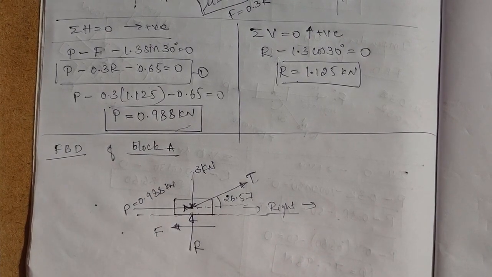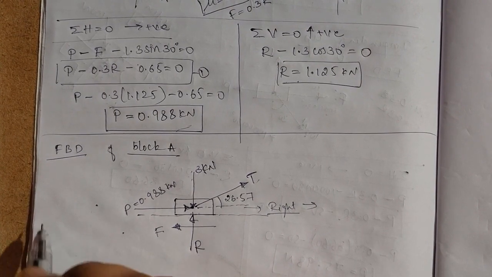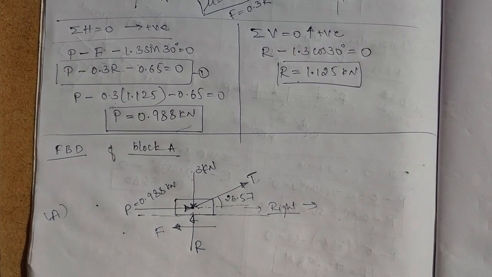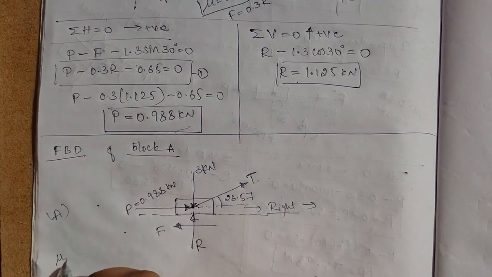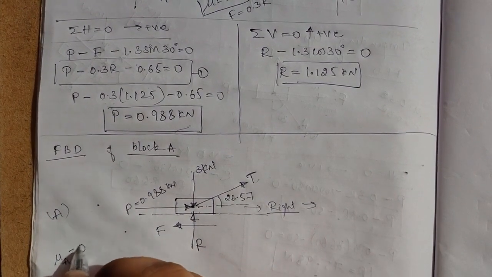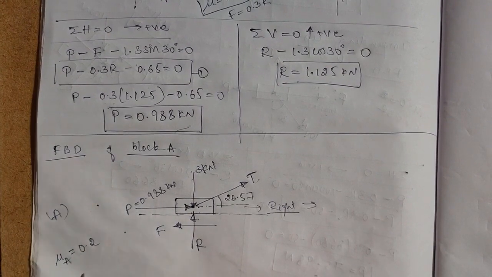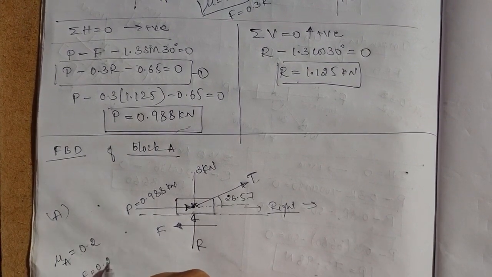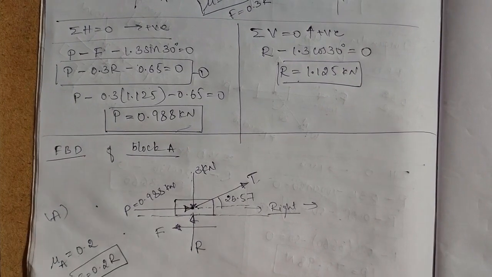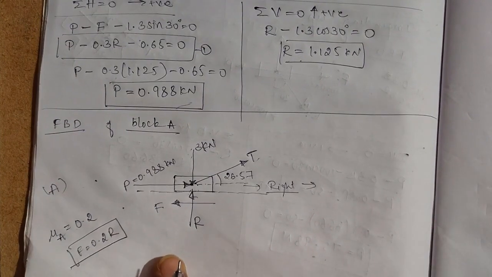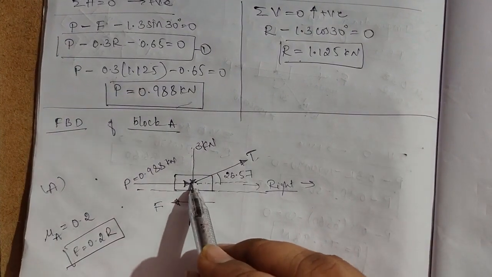So these are the forces which are applying on the block A, and we know that mu A given in the problem is 0.2. So F is equal to 0.2 R. So I'll rewrite this in a systematic way.